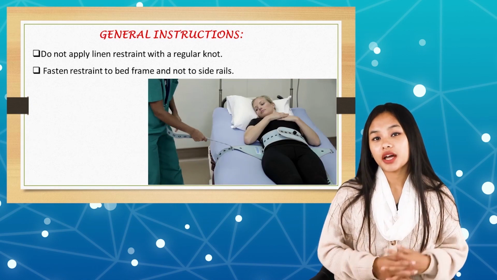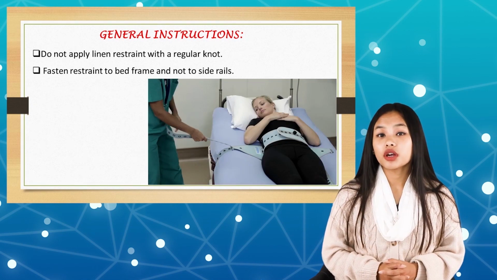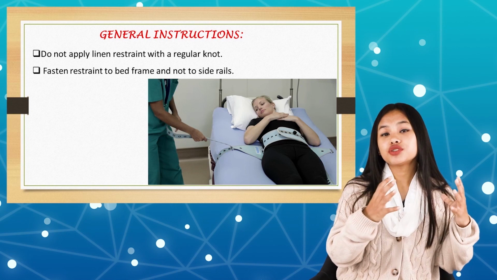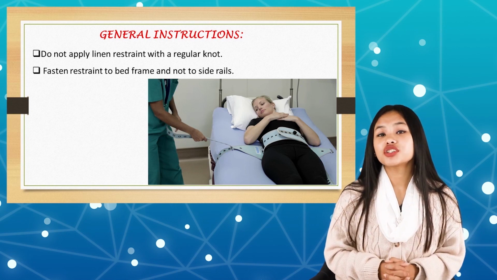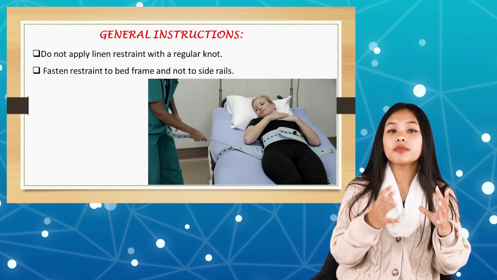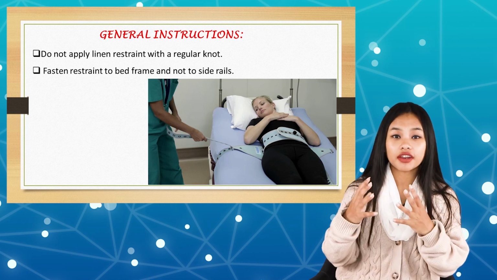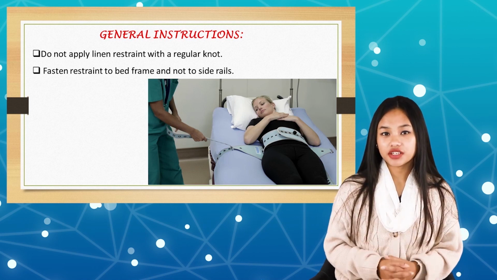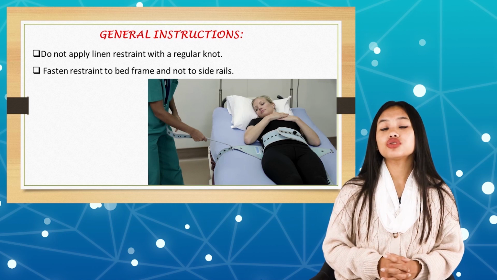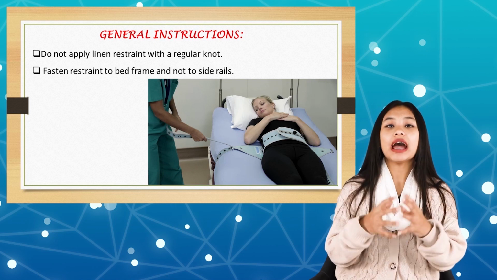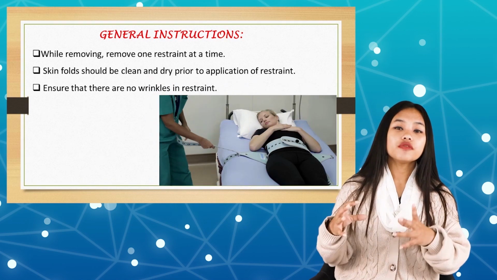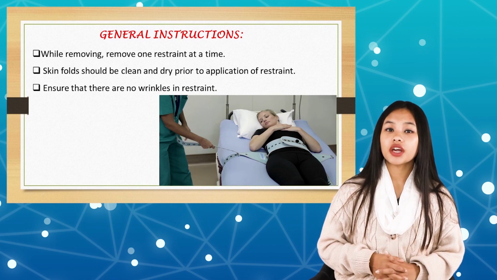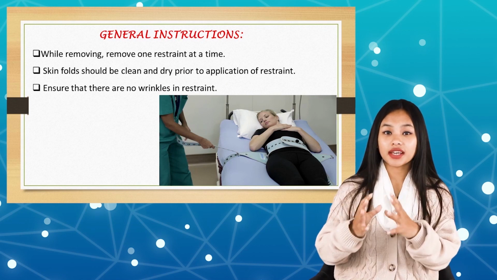You should never apply a linen restraint with a regular knot. And whenever these restraints are being used, you should make sure that you fasten them to the bed frame and not to the side rails. And when you provide these restraints, you should not use them over an IV site. While removing these restraints, you should also make sure that you remove one at a time.